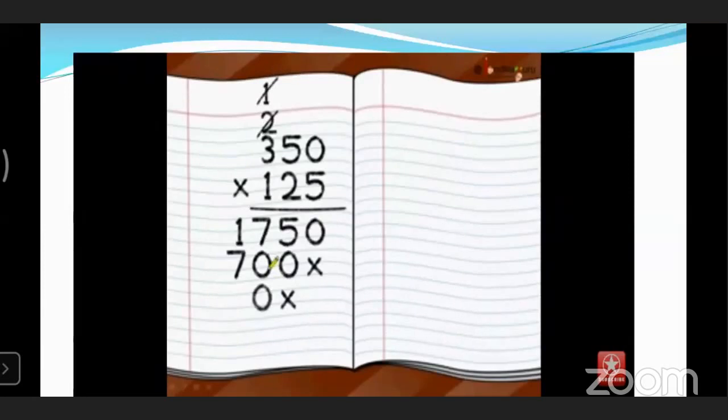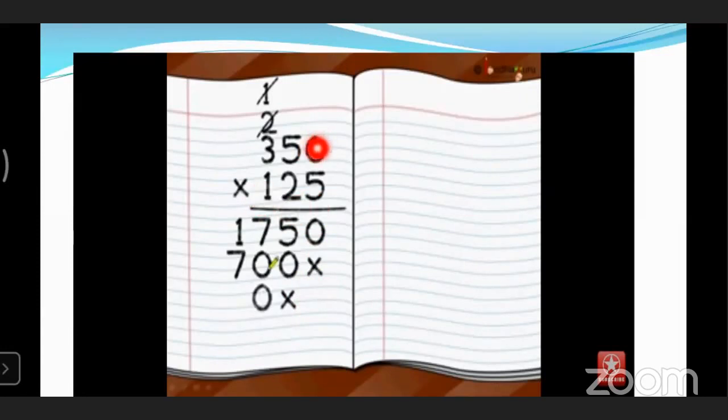Now, move toward the next step. Now, which number is left? 1. Yes, this 1, which is at the 100th place, right? Now, again put a 0 at the unit place after the 10th place to hold the place of this 2 digit. Now let's multiply.